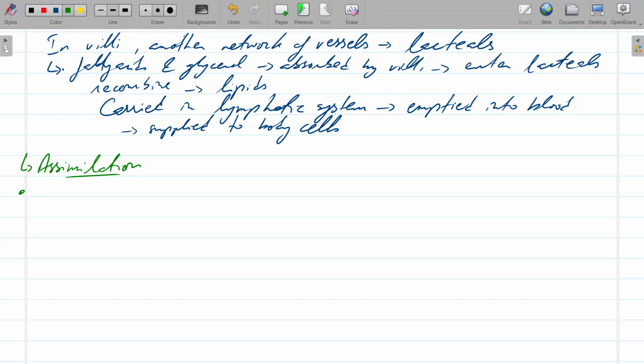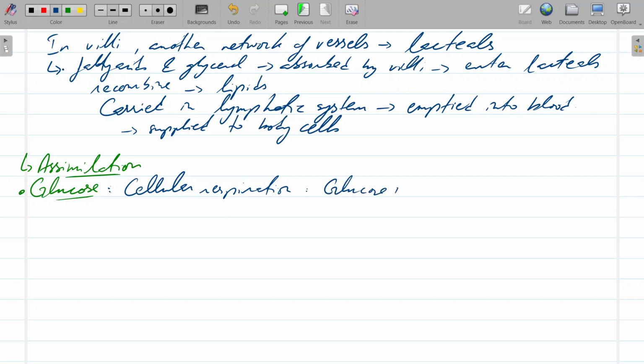And then, first of all, we talk about glucose. So, glucose is primarily utilized for cellular respiration. That is its main purpose. What cellular respiration does is it utilizes glucose along with oxygen.